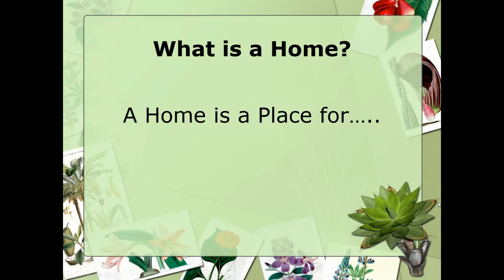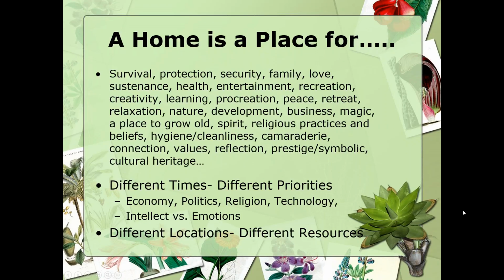A home is a place for survival, protection, security, family, love, sustenance, health, entertainment, recreation, creativity, learning, procreation, peace, retreat, and so on and so forth. We don't have enough time. Different times, different priorities. We'll get to see the development of how we've always valued these things, but in a different progress of time.